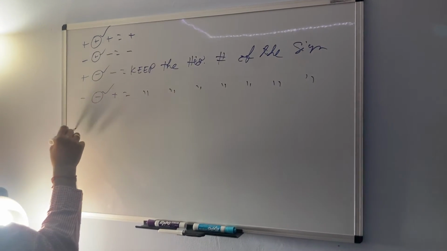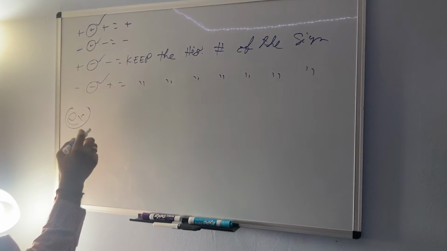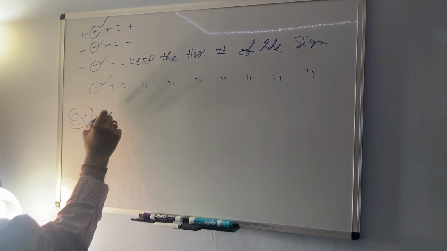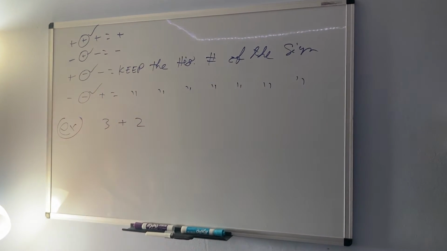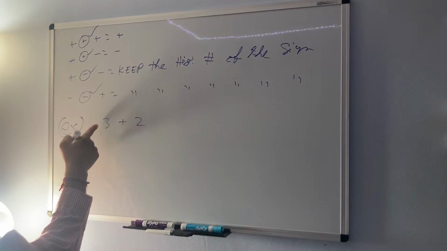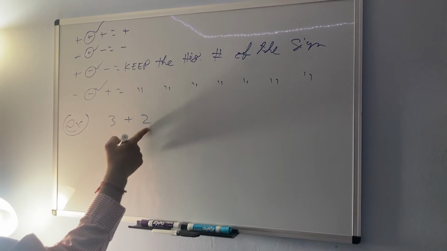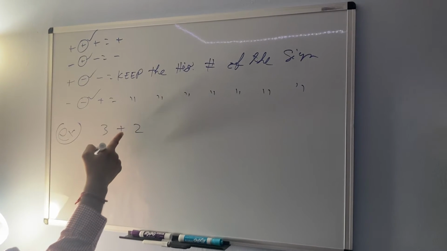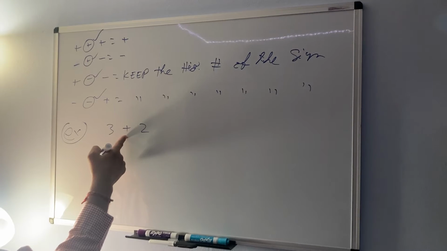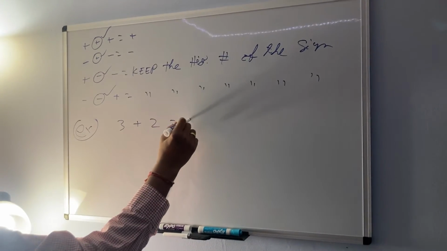For example, when the signs are the same, let's say 3 plus 2. If you don't have any sign in front of the number, it's automatically positive. So in front of the number 3 is positive, and in front of 2 is positive 2. So 3 plus 2 is 5.